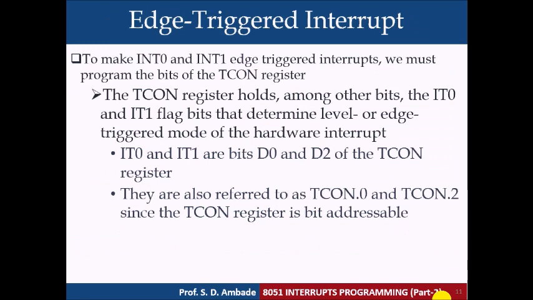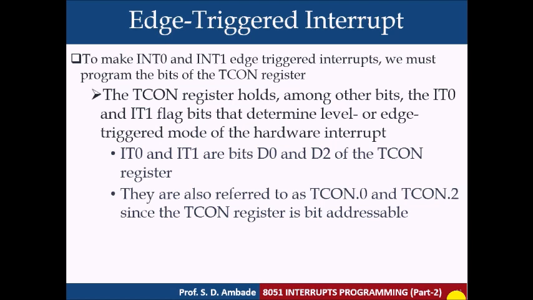To make INT0 and INT1 edge trigger interrupts, we must program the bits of the TCON register. Remember friends, by default the interrupt is configured as level trigger, but for configuring it as an edge trigger interrupt, we have to set the bits in the TCON register.